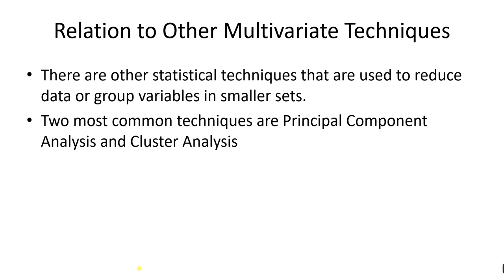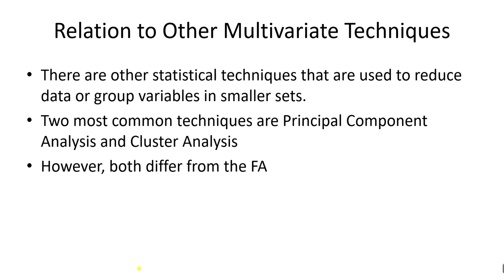The principal components, those dimensions are called components. So principal component is a technique that reduces the total number of variables into fewer components, and cluster analysis is a technique that reduces the number of variables in fewer clusters. But both these techniques differ from factor analysis. They are used for data reduction purpose.